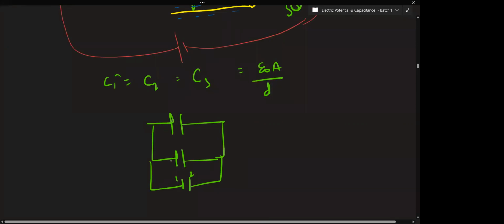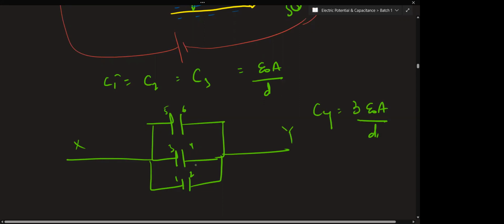This was 1 and 2, this was 3 and 4, this was 5 and 6, connected to X and Y. So now this is easy. C equivalent will be 3 times epsilon naught A by D: epsilon naught A by D plus epsilon naught A by D plus epsilon naught A by D. So this is how you identify it.